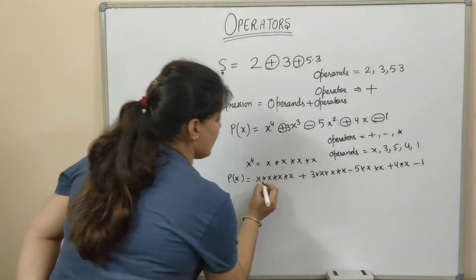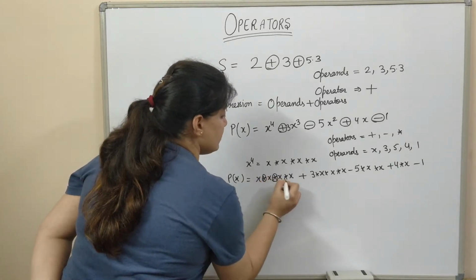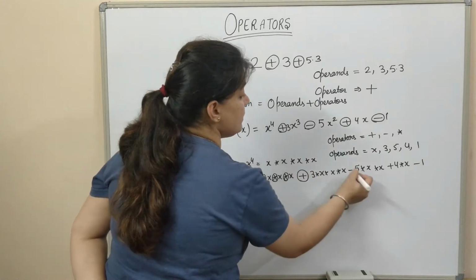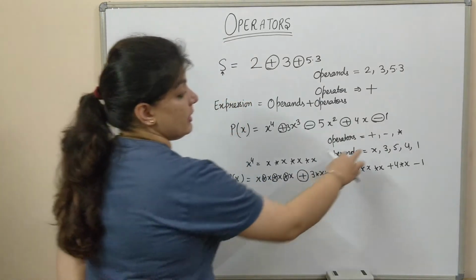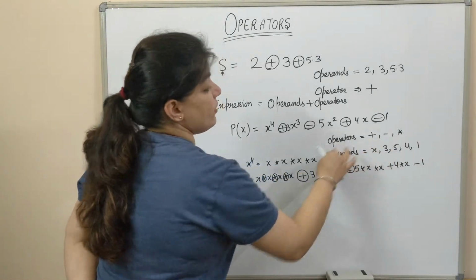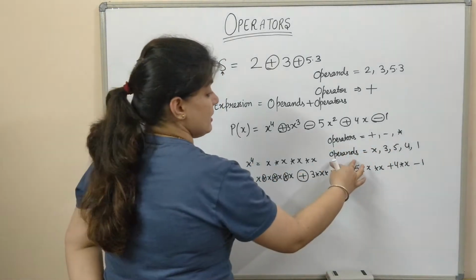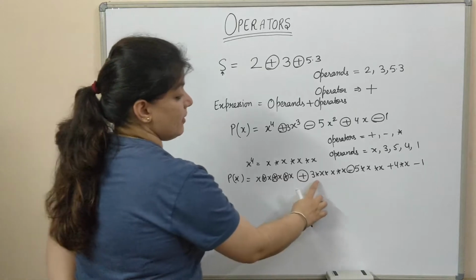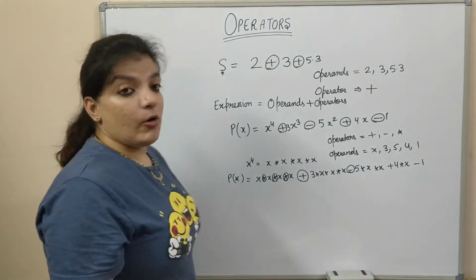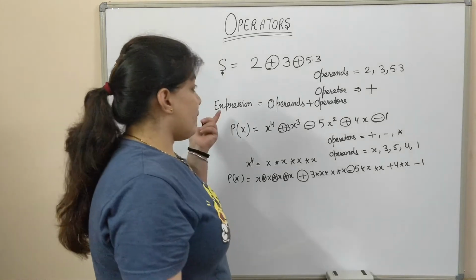So what operators are we using in this? 1, 2, this one symbol, second symbol, third symbol. There are three symbols in this equation. These three symbols are known as operators, and the others, like x, 3, 5, 4 and 1, are all operands.